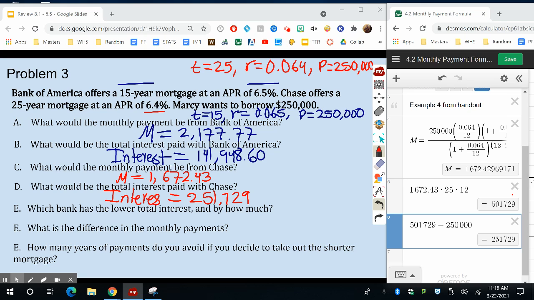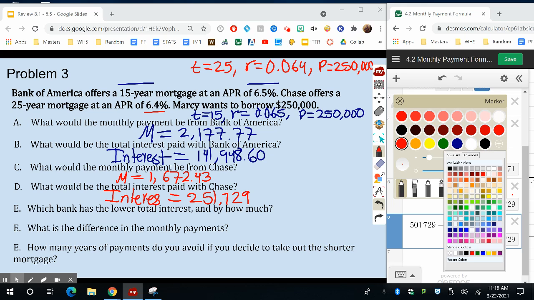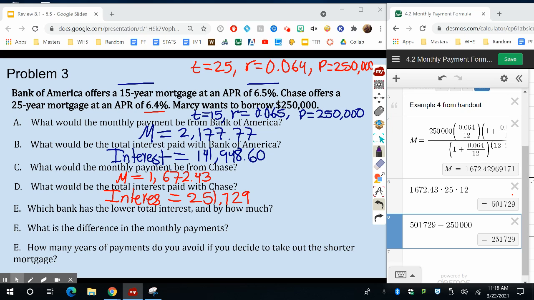Okay, so which bank has the lower interest and by how much? So this question is asking with which one of the two banks will you be paying less money? And by looking at this, it seems that that would be with Bank of America. And well, to answer the second part, by how much, so what is the difference?